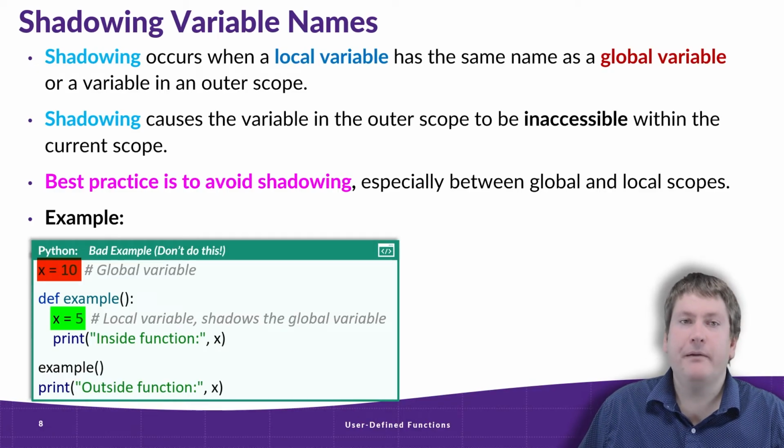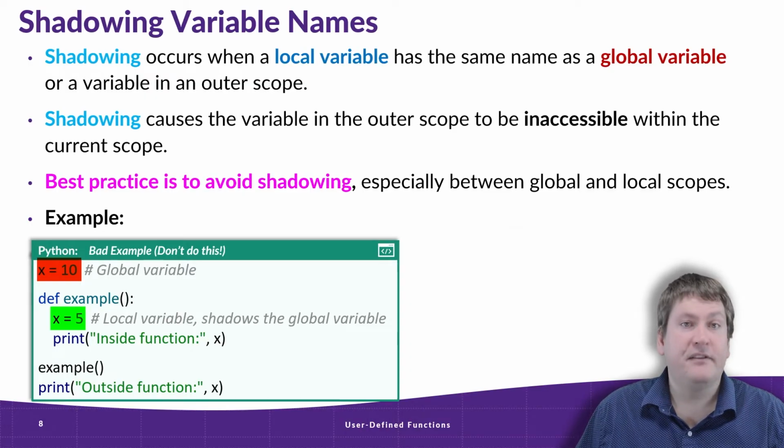The big problem here is that to a casual reader of this program, you might think that these are the same variables, and that example is setting the value of the global variable x. But that's not actually what's happening here. x inside the function example is shadowing the global variable x. So within this function now, after we set x equal to 5, we're only accessing this local variable x, and we no longer have any way to access that global variable x.